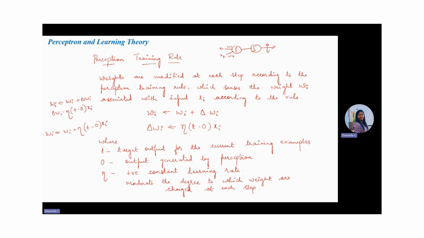This is the target output that is available in the training example. If I do T minus O, that is the target output minus the obtained output. The target output is always available in the training example. When you take T minus O, this is what is considered as an error. So we should see that this error does not come. Why does this error come? Because of these weights.